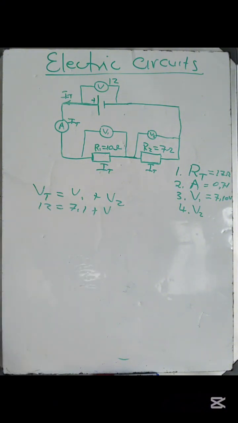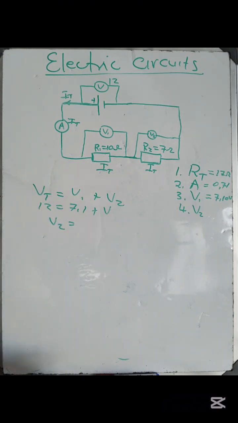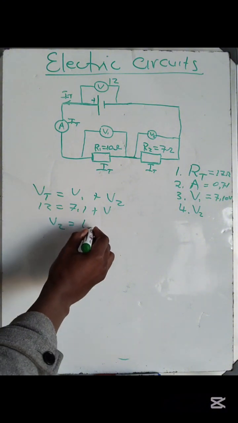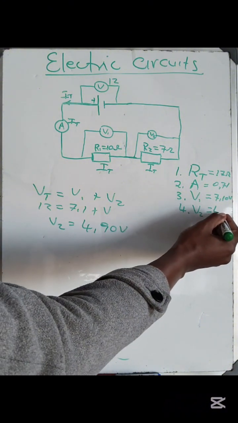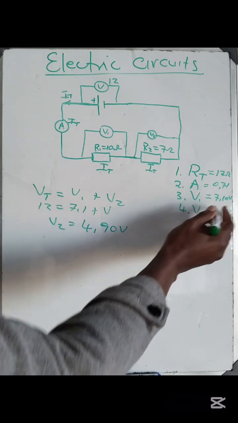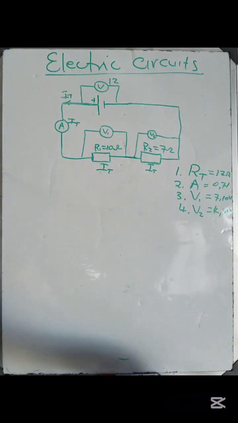Then we transpose, so V2 is 12 minus 7.1. The answer is 4.90 volts. So V2 is 4.90 volts.